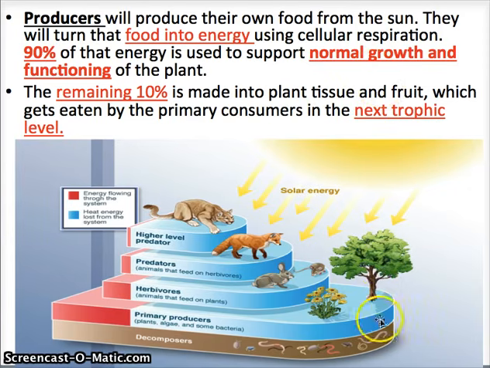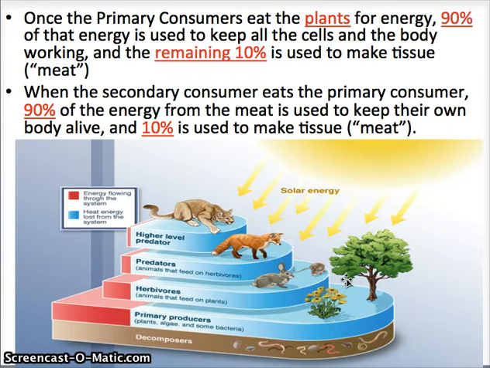It needs 90% of that energy just to stay alive. The rest of the 10% that's left is going to be made into plant tissue and fruit. And those are the things that are going to get eaten by the primary consumers in the level above it. So the primary consumers are actually eating only 10% of the energy that was originally captured by the plants.